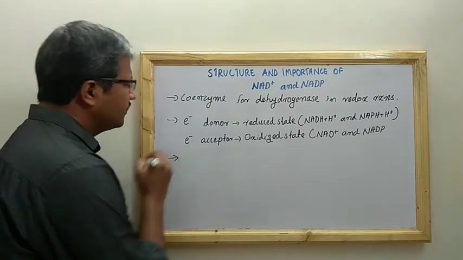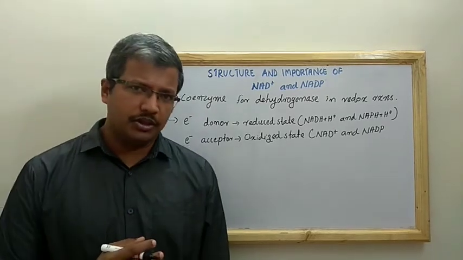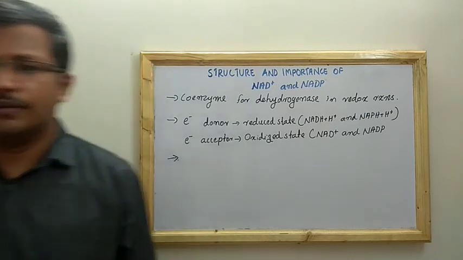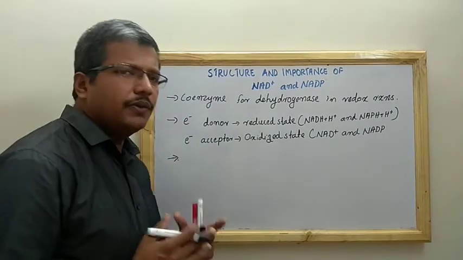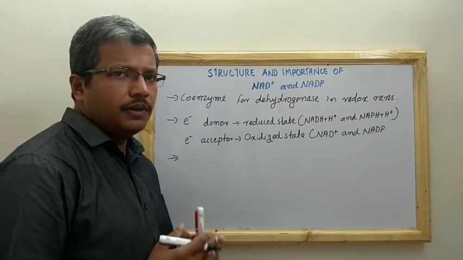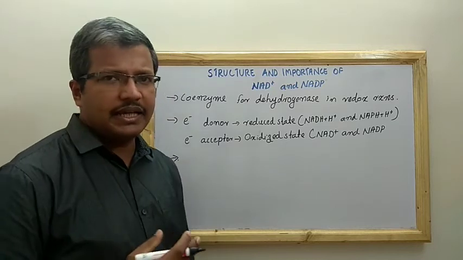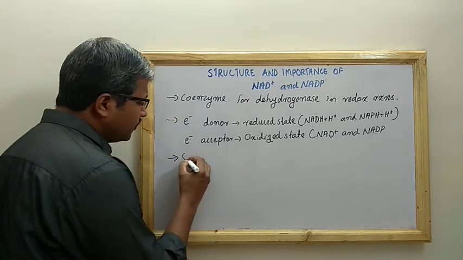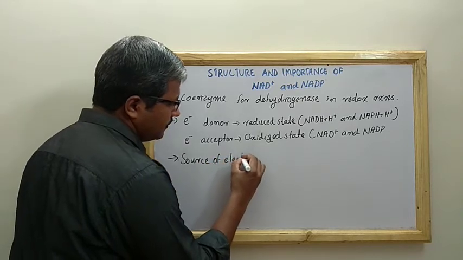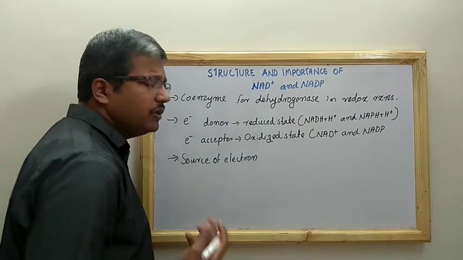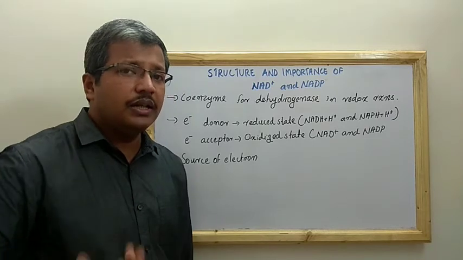Now, we can see the third importance. The third importance is also in the form of electron donor and acceptor. It will act as a source of electrons. In what kind of reaction?